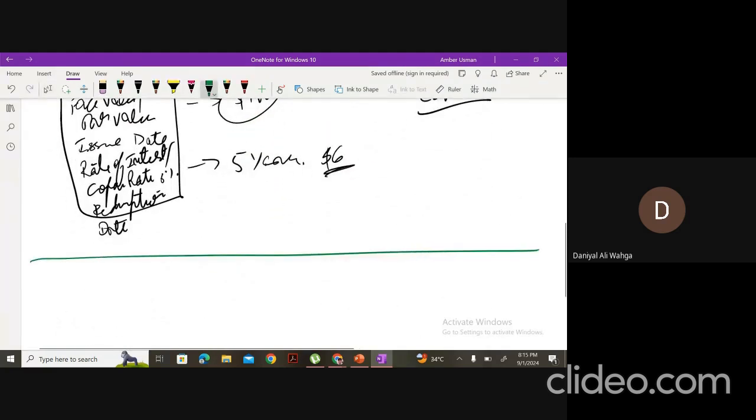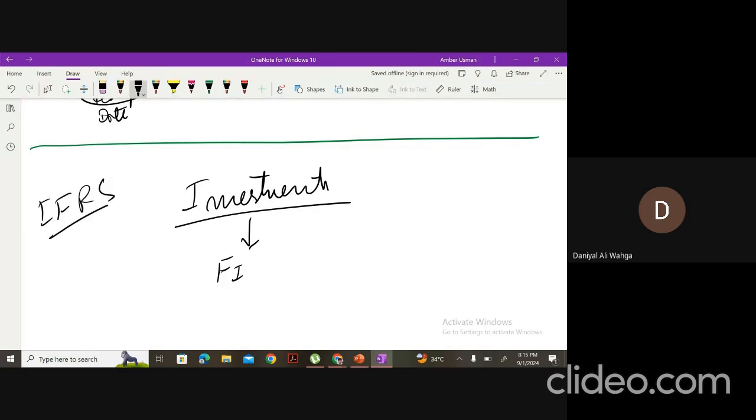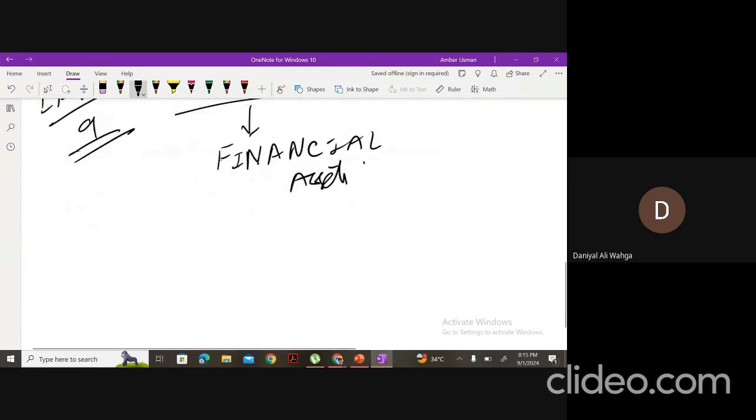Now, when we are going through the overview of the investments, we need to understand a few things. These investments are, as per IFRS 9, your financial assets. There are two types of financial assets which are normally considered.